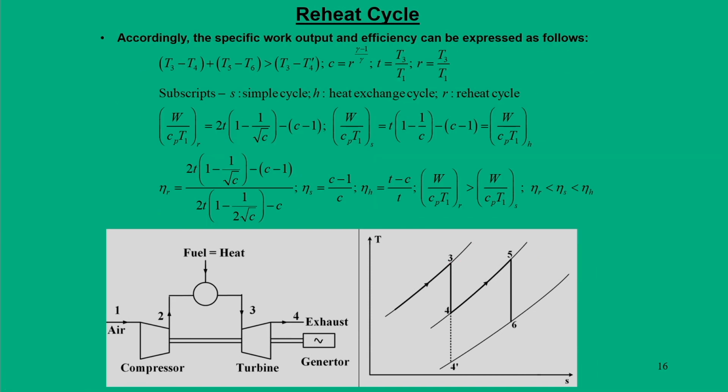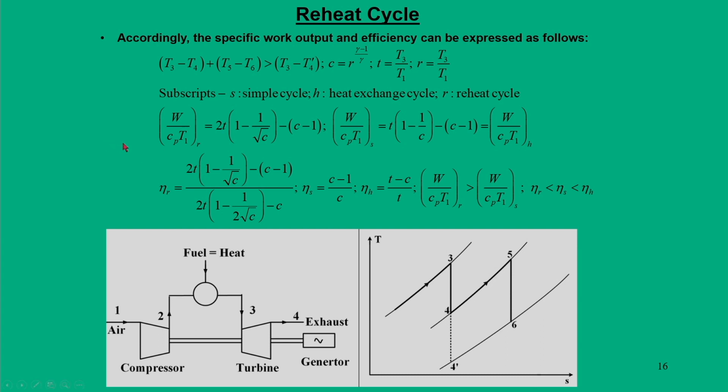And as another way of representing the cycle, the way we did for the basic cycle and heat exchange cycle, we can also calculate for a reheat cycle the expressions for non-dimensional work in terms of pressure and temperature ratio.